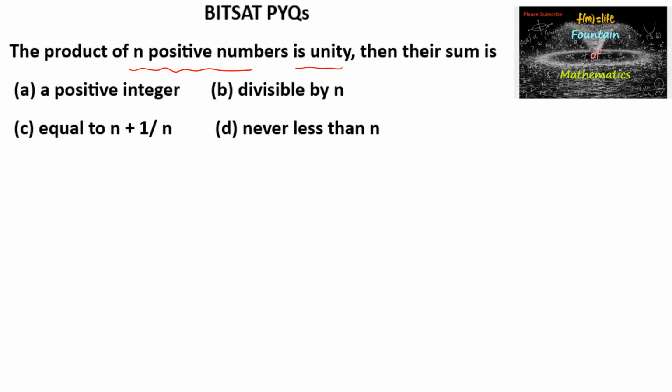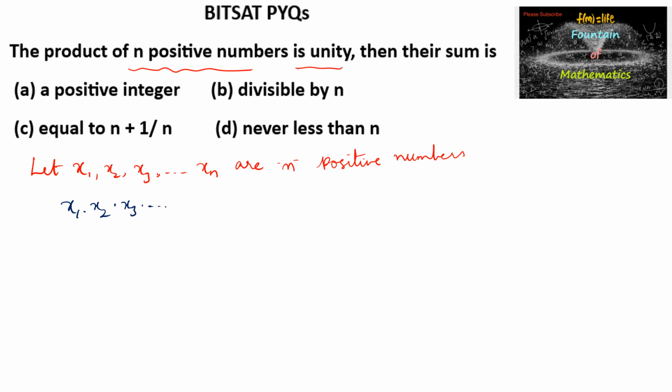So let us consider x1, x2, x3 and so on up to xn are n positive numbers, and it is given that their product is unity, that is 1: x1 into x2 into x3 and so on up to xn, the product of these numbers, is equal to 1, and their sum we need to find out.